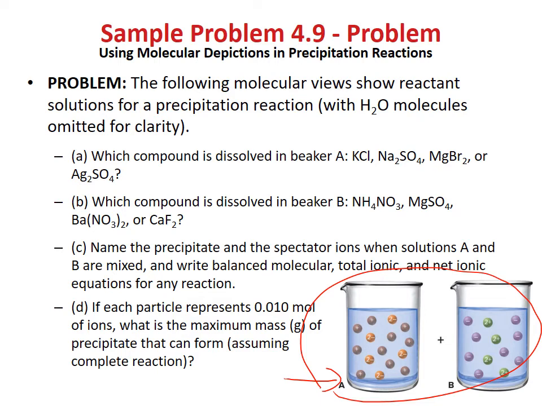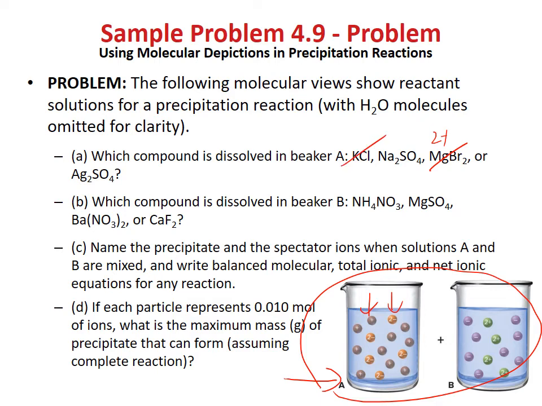Okay, so look at beaker A. The cation is 1 plus, the anion is 2 minus, and therefore we look at the salts. The cation is 1 plus, so magnesium is not right because it is 2 plus, and potassium, sodium, silver are all 1 plus, and the anion is 2 minus.